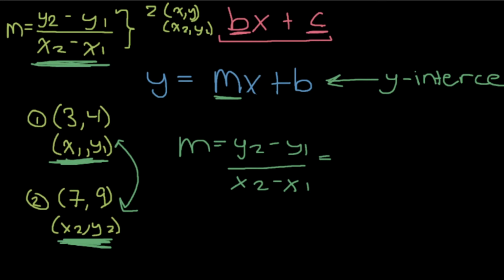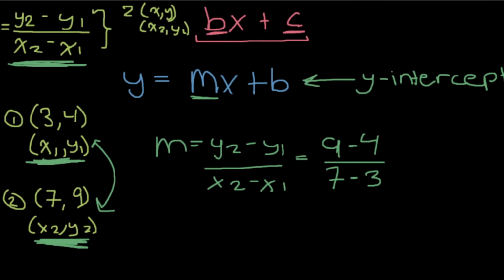So y2 minus y1, y2 is 9, minus y1, which is 4, over x2, which is 7, minus x1, which is 3. Now, 9 minus 4 gives you 5, and 7 minus 3 gives you 4.